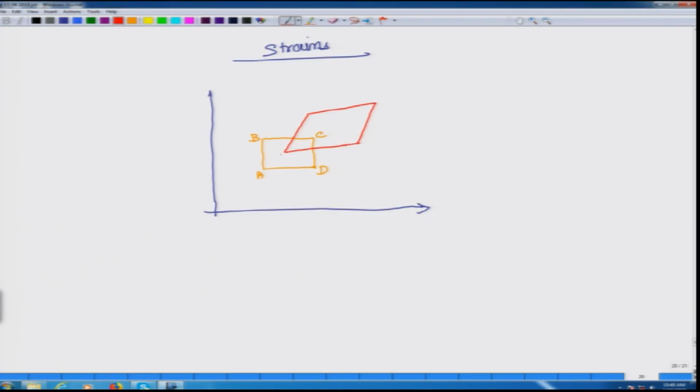Now you have A prime, B prime, C prime and D prime, and we will define that to begin with, this was at x, and to begin with this was at y. Let us say this is a small element. The size is represented as delta x, and the size over here is represented as delta y.